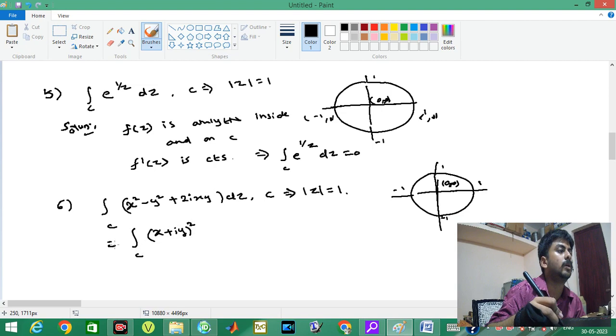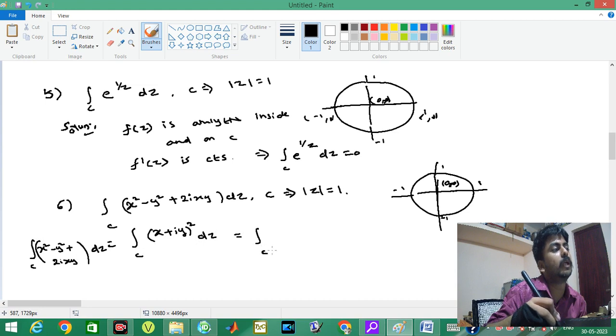Okay, the given function is the integral over C. You have to write the integral over C of (x square minus y square plus 2ixy) dz equal to this dz. Okay, what is this (x plus iy) the whole square?